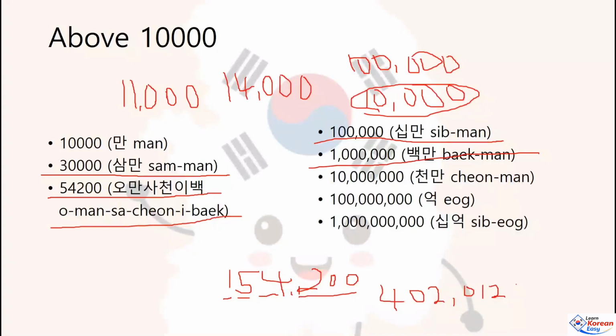So, first of all, we're still in the thousands, not in the millions yet, right? This is the thousandth. So 40만 is 400,000. Sorry, 402,012 in English.